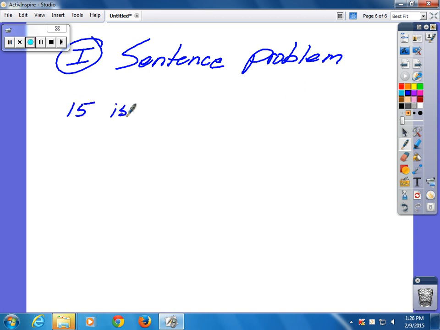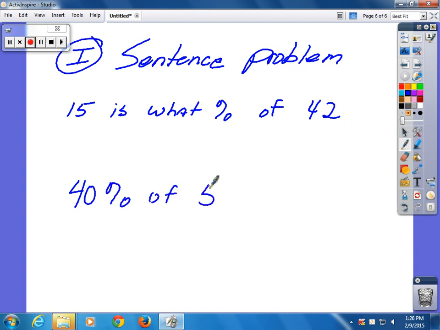15 is what percent of 42? 40% of 56 is what number?